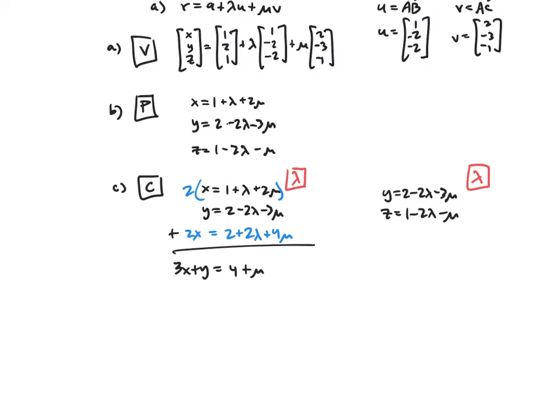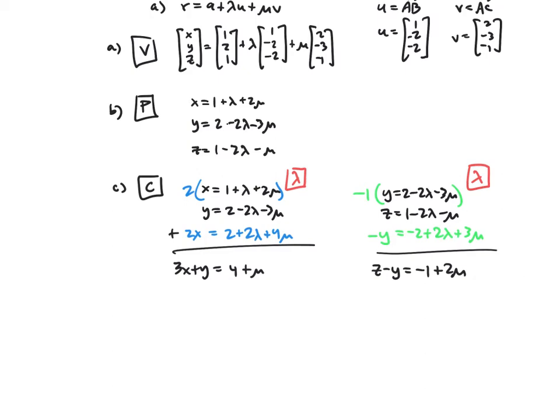Okay. Over on the other side of things, I can eliminate lambda by multiplying either one of those two equations by a negative 1. I'm going to choose to do that to the first. Multiplying this by a negative 1, I get negative y is equal to negative 2 plus 2 lambda and plus 3 mu. Okay, I combine my equations here. I get z minus y is equal to negative 1. Lambdas reduce, and I get plus 2 mu.